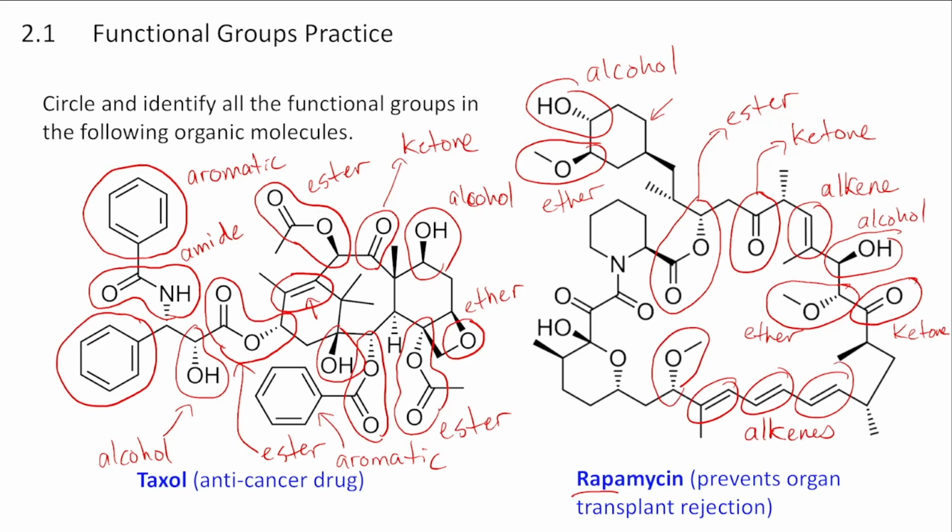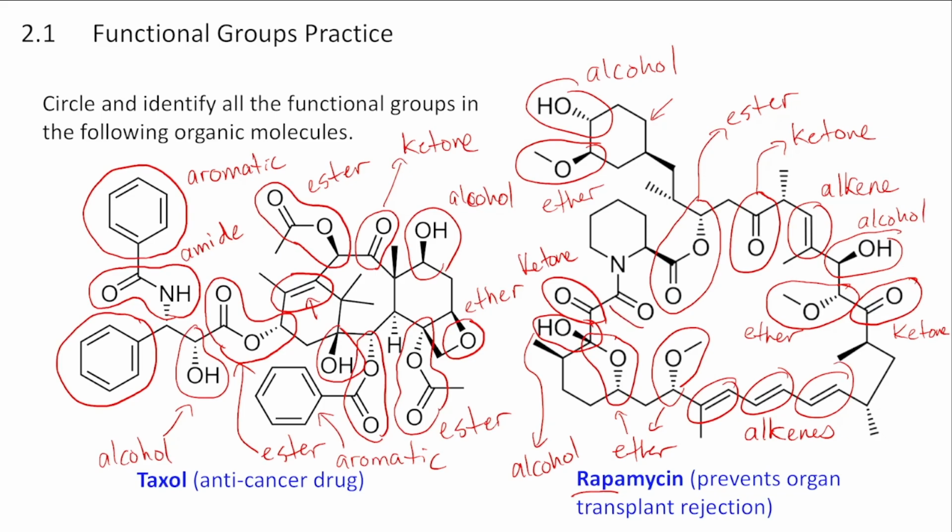Next, oxygen with 2 carbons on each side is an ether. This is also an ether, an oxygen with carbon on both sides. Here we have an OH attached to a carbon, which is an alcohol. Here we have a ketone, carbon double bond oxygen, carbon on both sides.